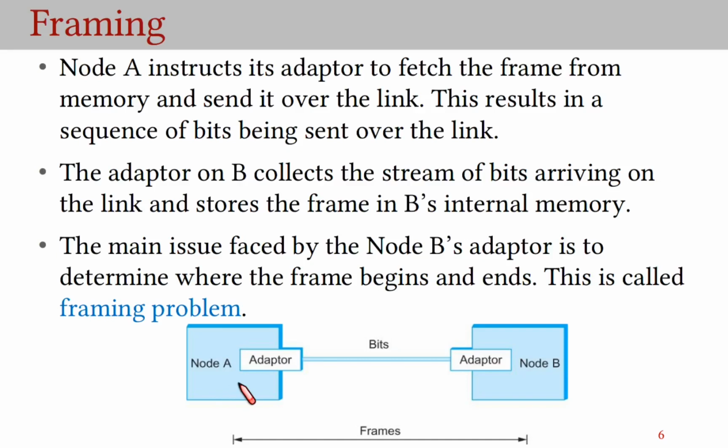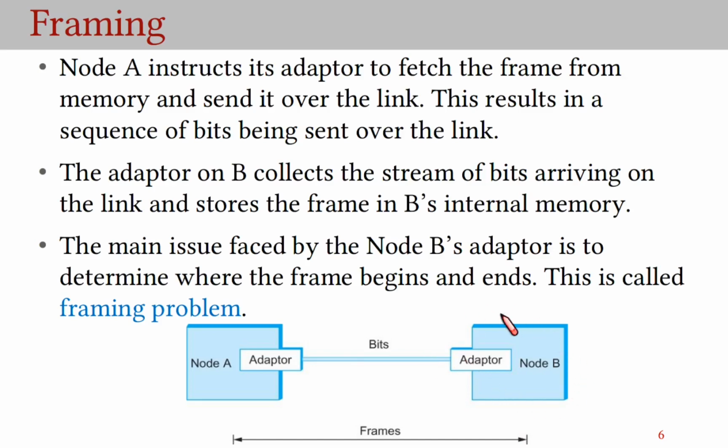To send a frame to node B, node A would instruct its adapter to fetch the frame from its memory and send it over this link. This results in a sequence of bits being sent over the link.